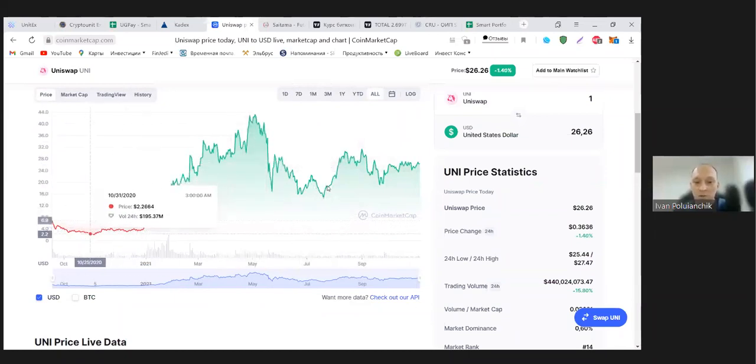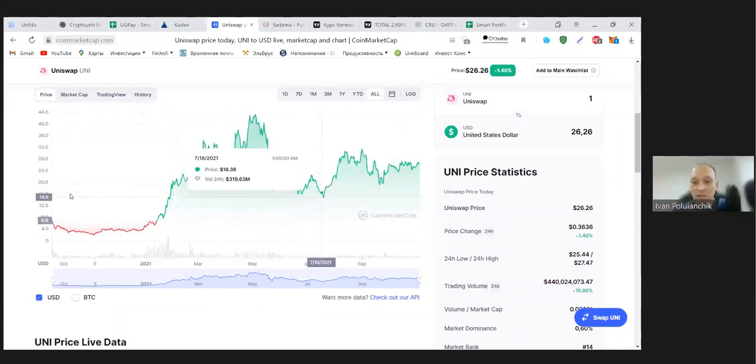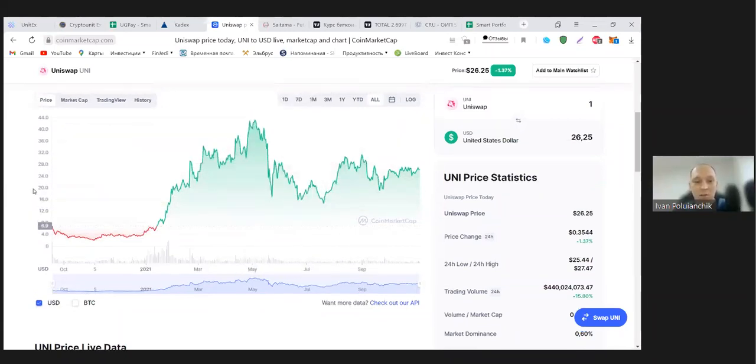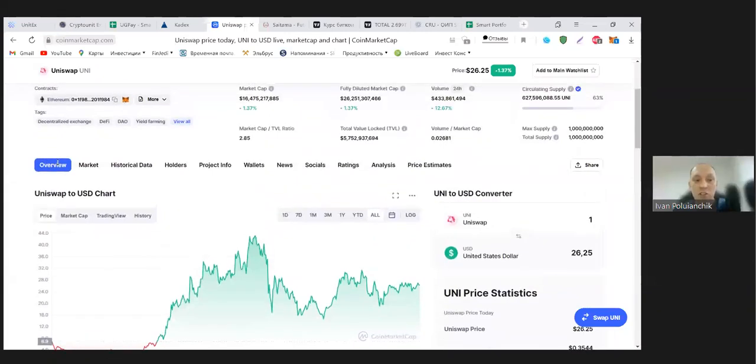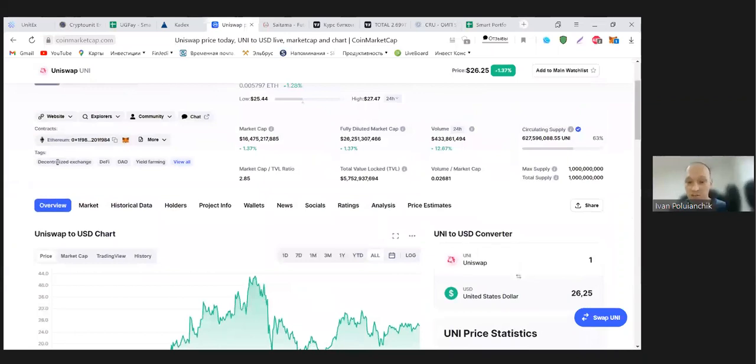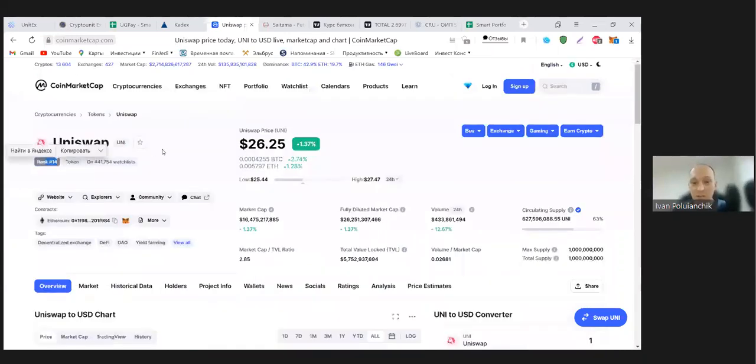So we understand two things: that it survived both growth and decline. And this company is number 14 out of 13,000. This is quite a good achievement.